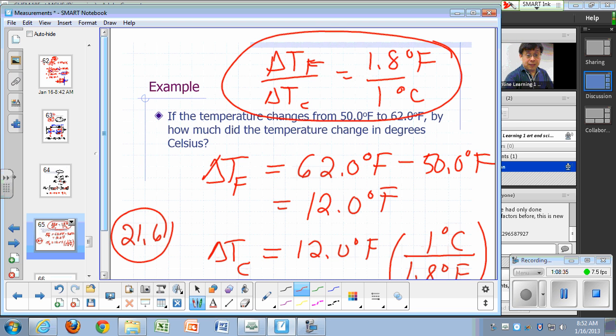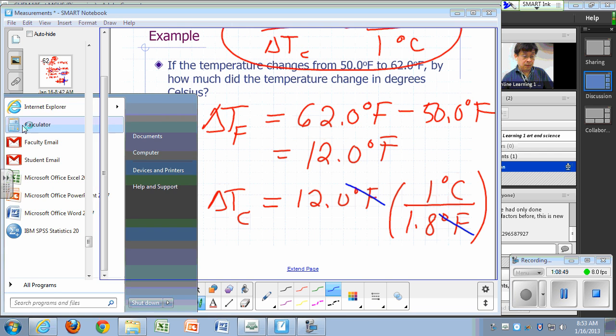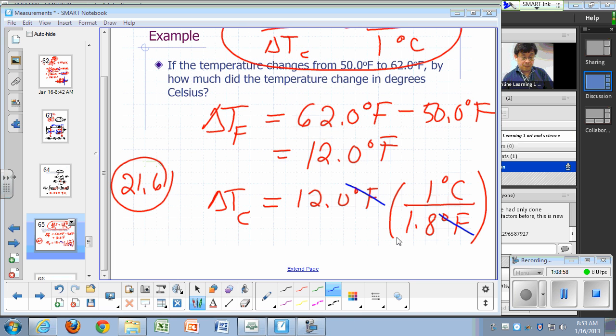If you flip it, it's going to be 1 over 1.8. So here your Fahrenheit cancels out. It's not 21.6. 12 divided by 1.8 gives you 6.67. So this is 6.67 degrees Celsius.